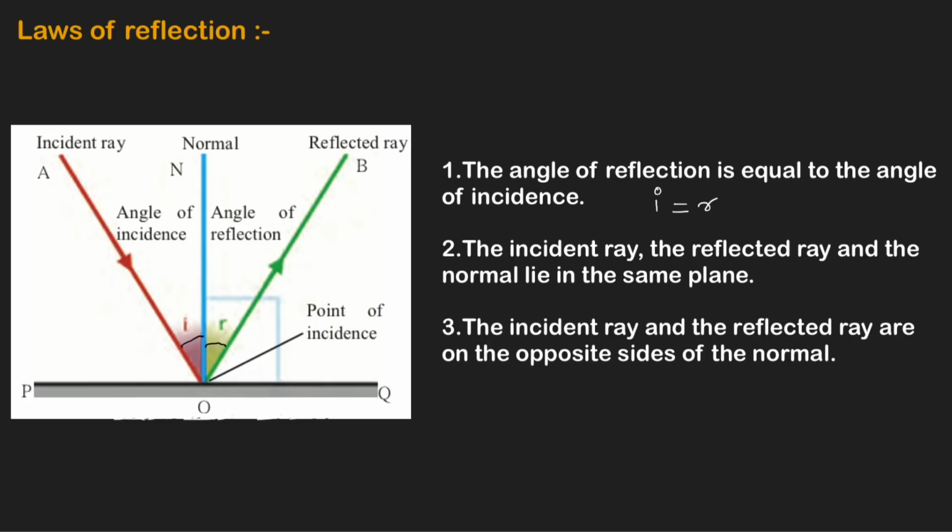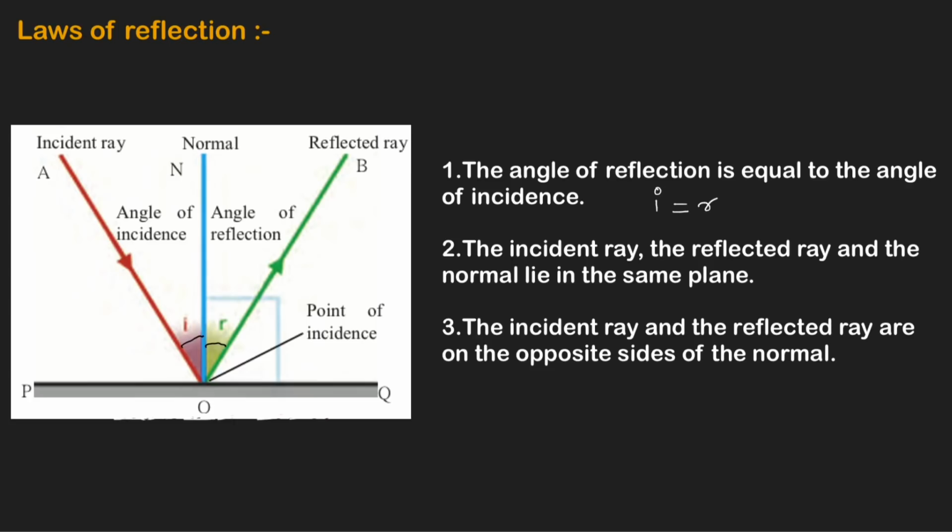You can observe in this image that the incident ray, normal and reflected ray all lie in the same plane. And the third law says that the incident ray and the reflected ray are on the opposite side of the normal. You can clearly observe that the incident ray and reflected ray are opposite to each other with respect to the normal.